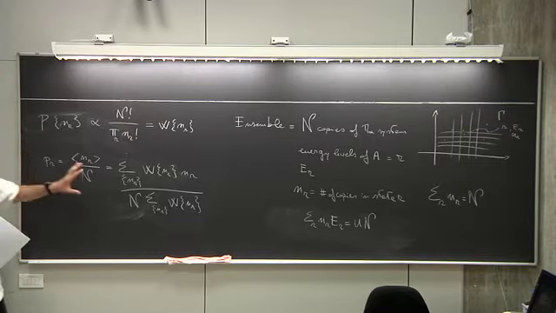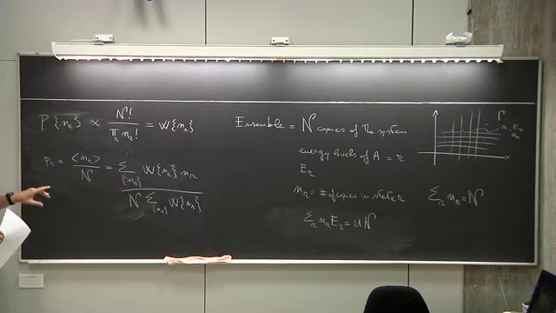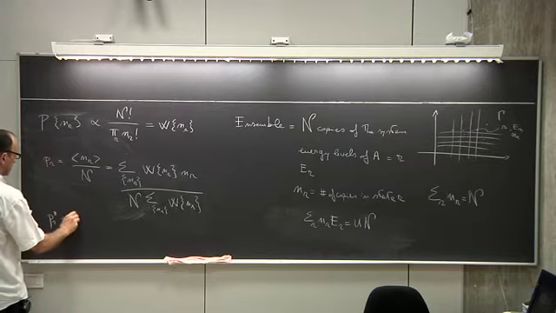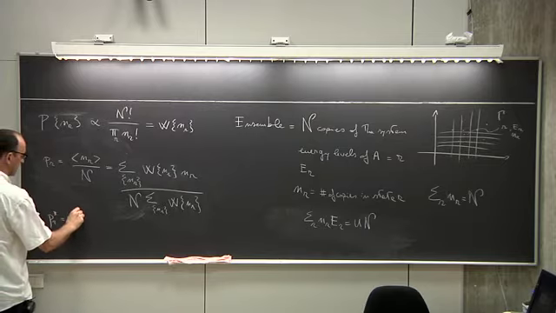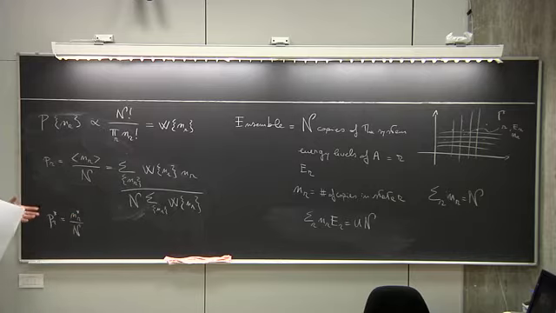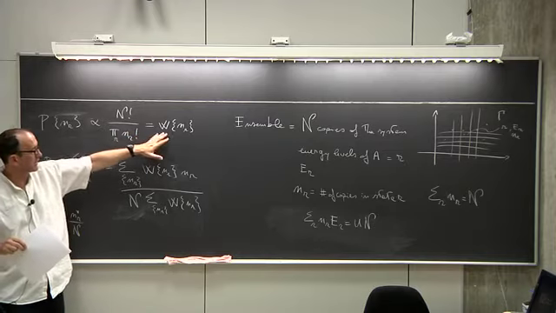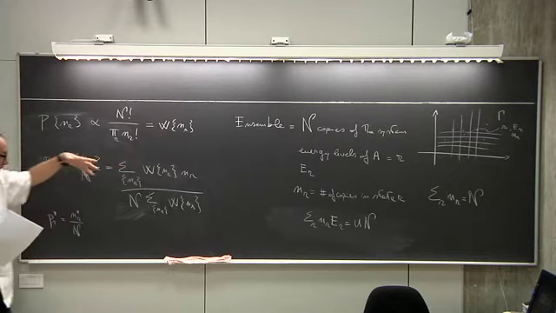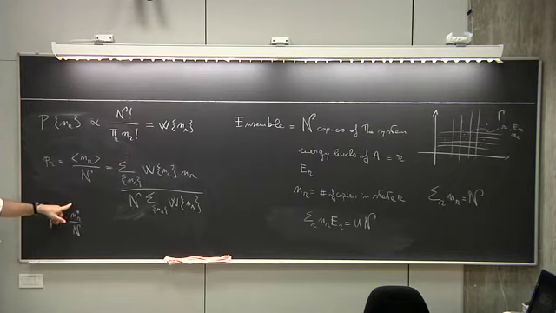We can compute it in this way, but we can also consider instead the most probable distribution of points in the phase space, and call it n star of r.